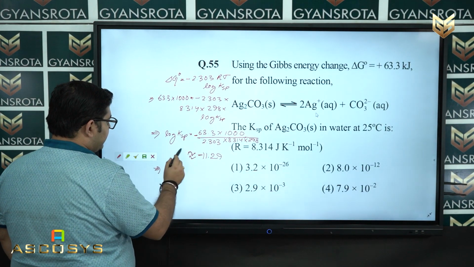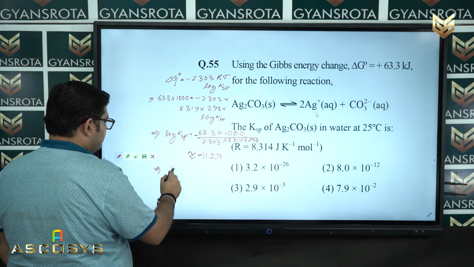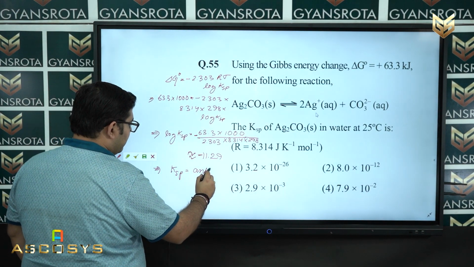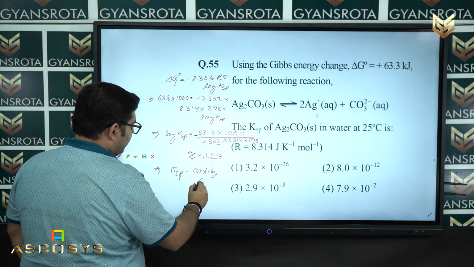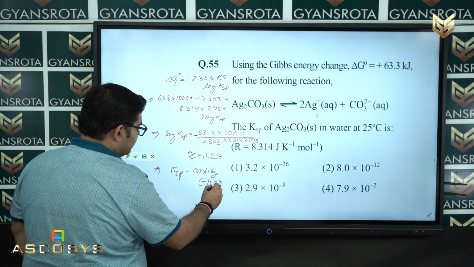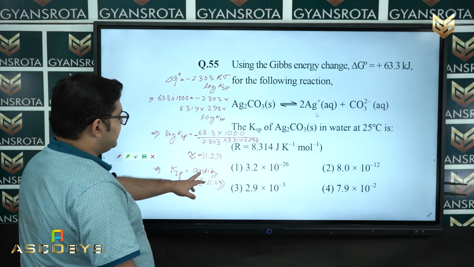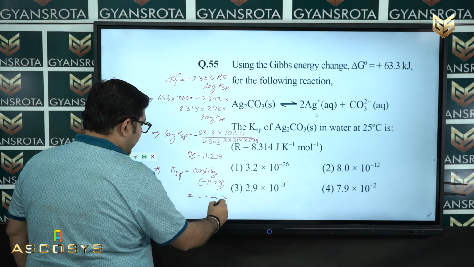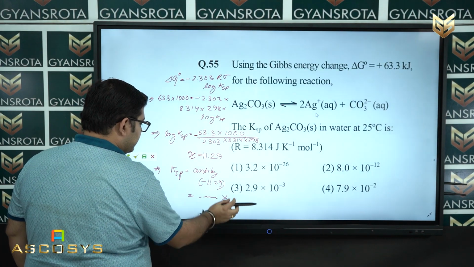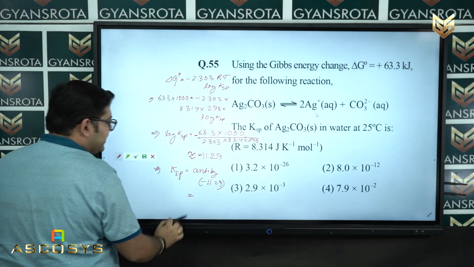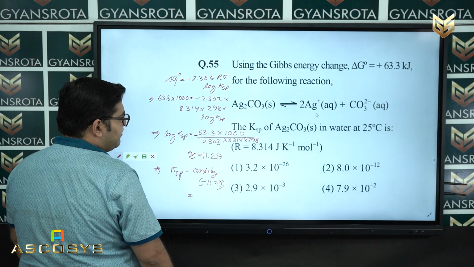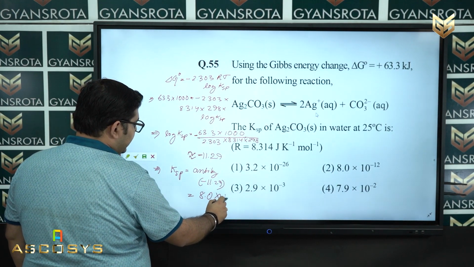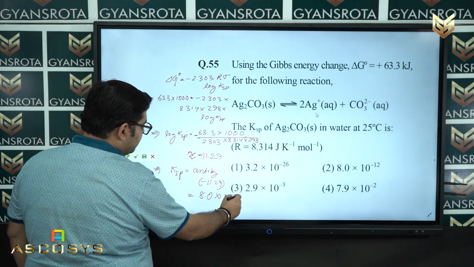So if log of KSP is minus 11.29, KSP is equal to anti-log of minus 11.29. If you take the anti-log of this part, it will end up with 8.0 into 10 to the power minus 12.